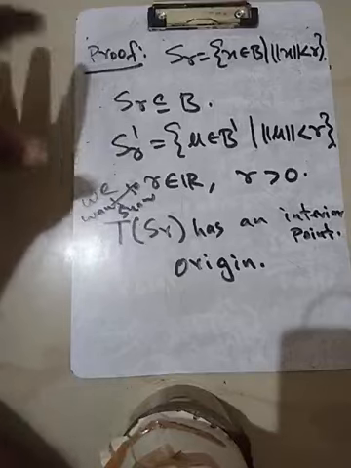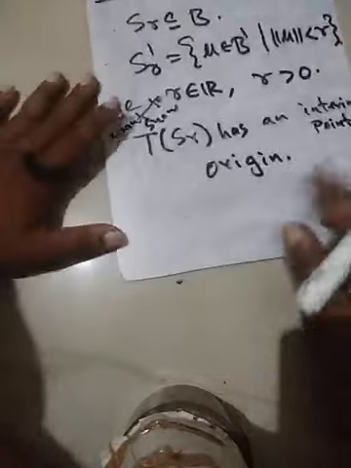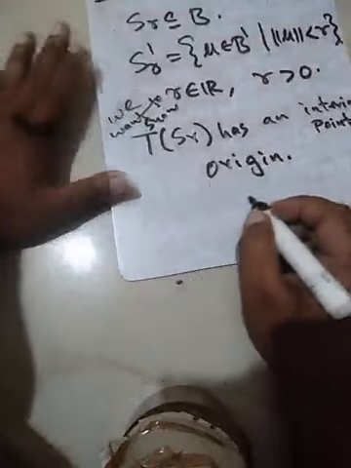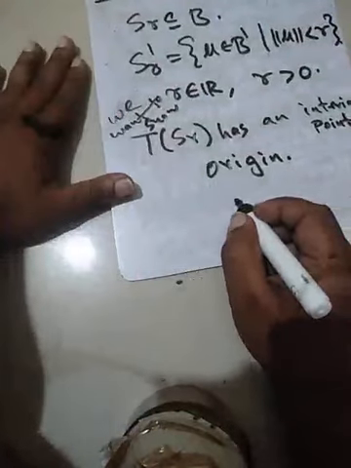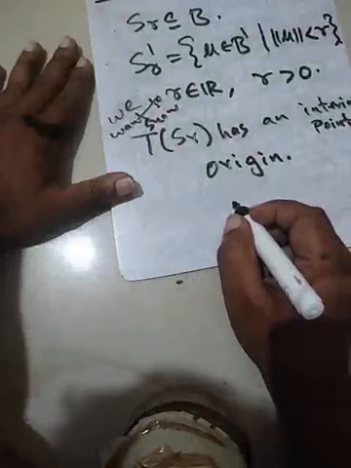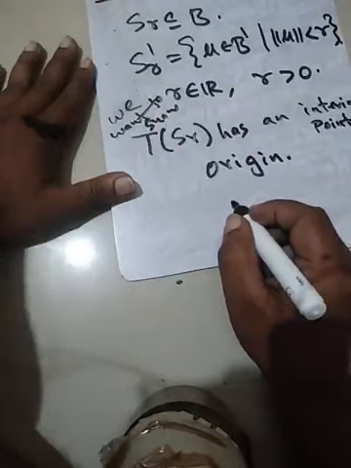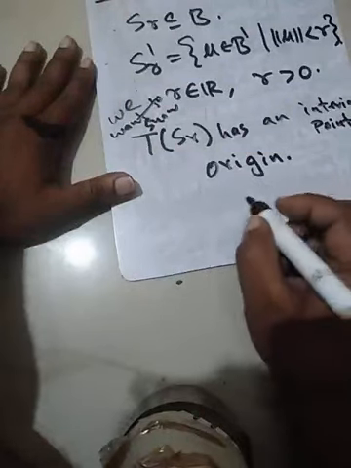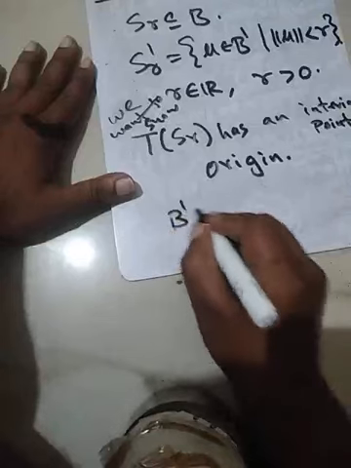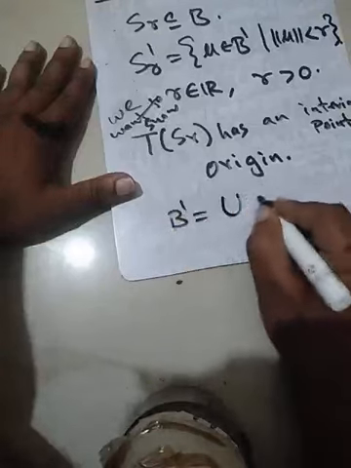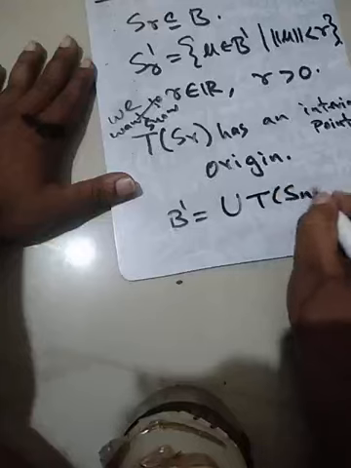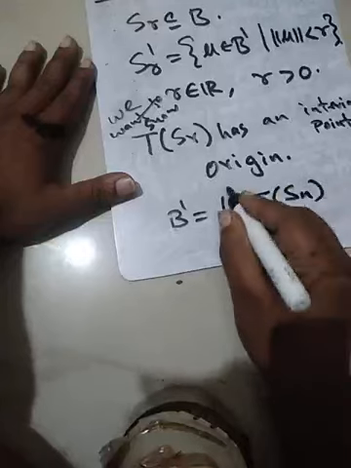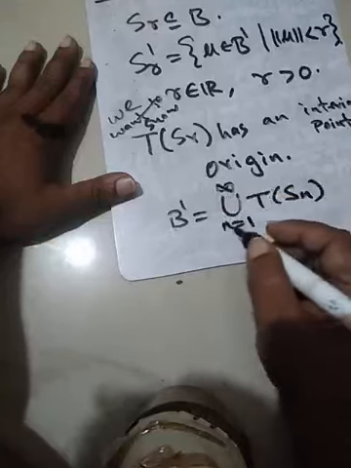Because the map is onto, we have the following. Observe that B' can be written as the union of TS_n, n going from 1 to infinity.